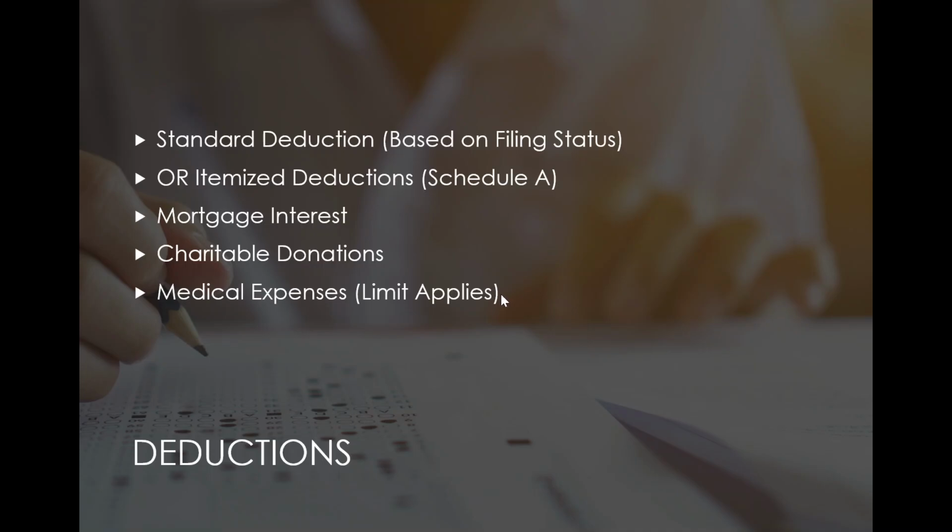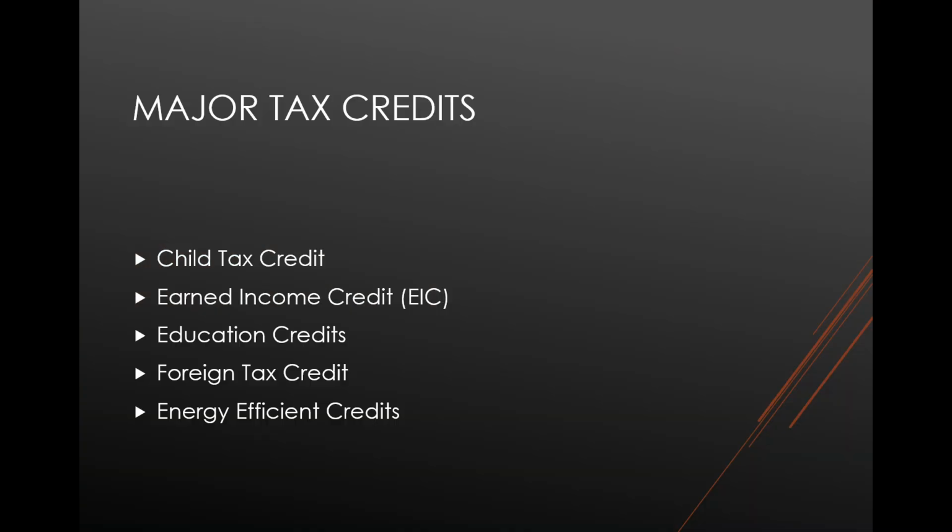As per the limit, the medical expenses he or she has incurred, these deductions can also be claimed. And after the deduction, the total income will be there, and then he or she can claim the tax credits. So these are the types of tax credits he or she can claim in US taxation in form 1040 to arrive at the net tax payable or tax refundable.